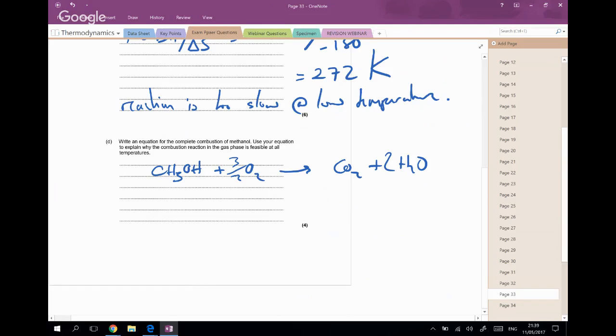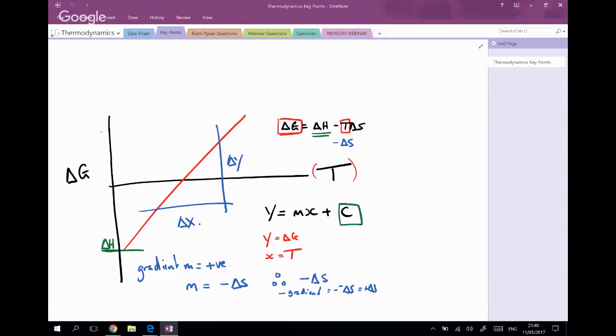So the thing about this is we know that the enthalpy change of a combustion reaction is negative. And we are also seeing a positive entropy change. So I go back to my discussion earlier on.